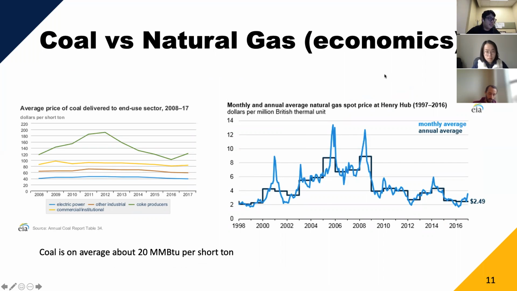And essentially, after discovery of a lot of those fracking resources, the price of natural gas has fallen substantially and essentially led to outcompeting of coal and to a large shift in dominance of electricity production coming from natural gas rather than coal.